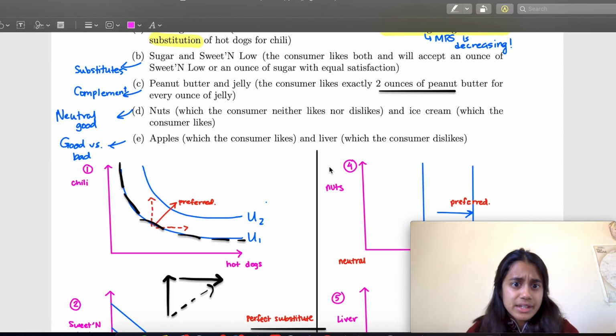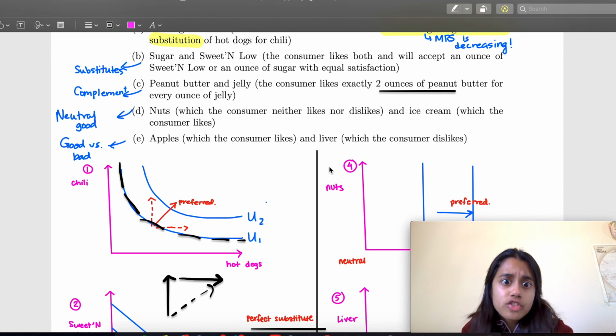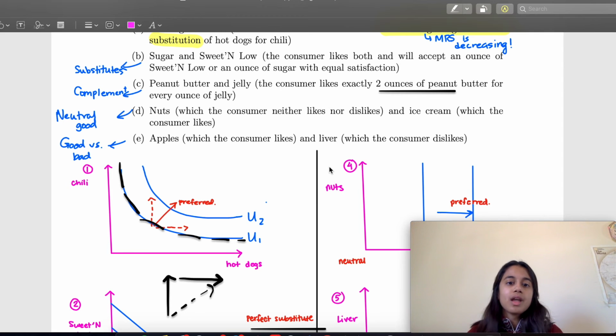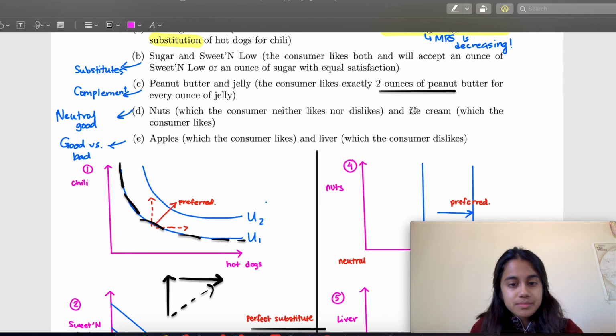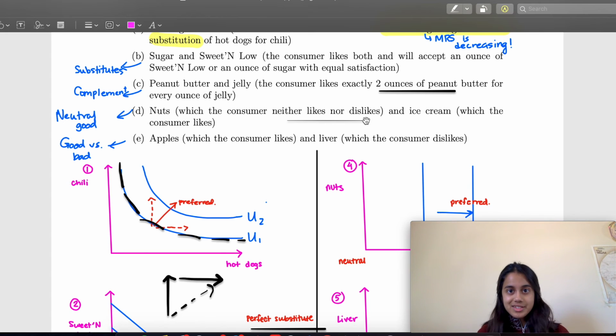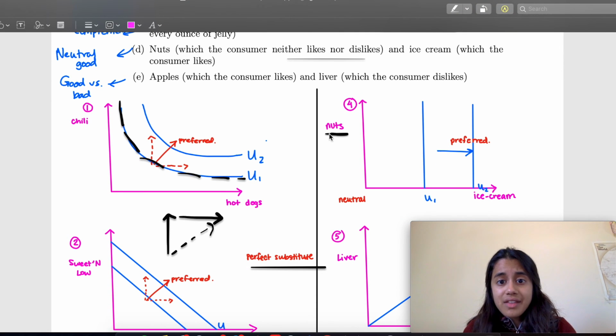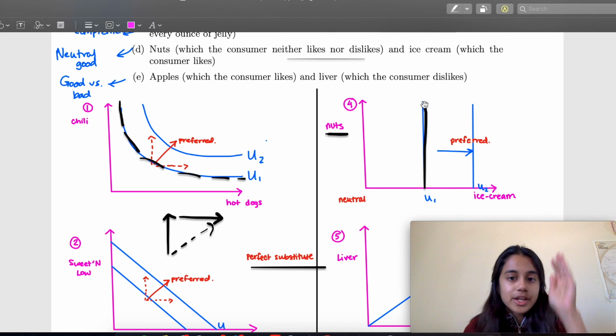Okay, so part D asks about nuts, which the consumer neither likes nor dislikes, and ice cream, which the consumer likes. When I see neither likes nor dislikes, I think nuts are neutral goods. I don't really care if I have a lot or a little. So I put my nuts on the y-axis, and I'm neutral about it.